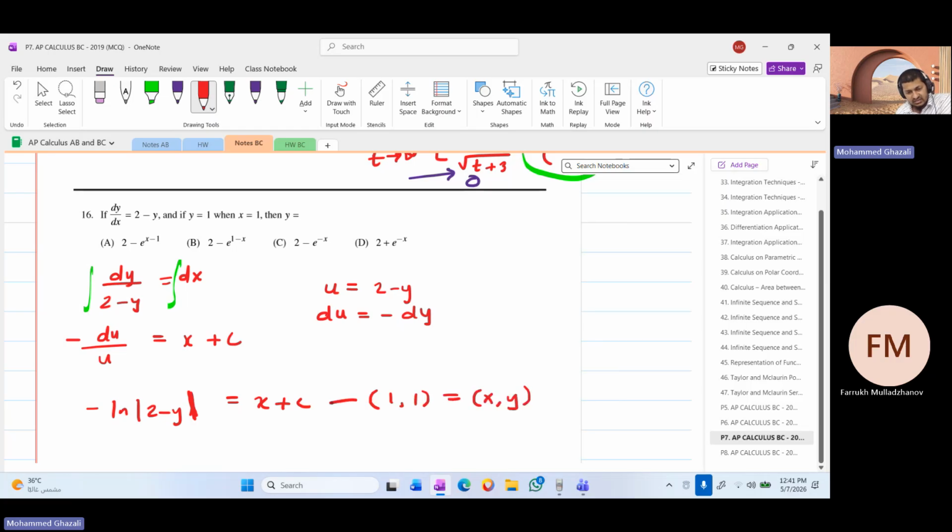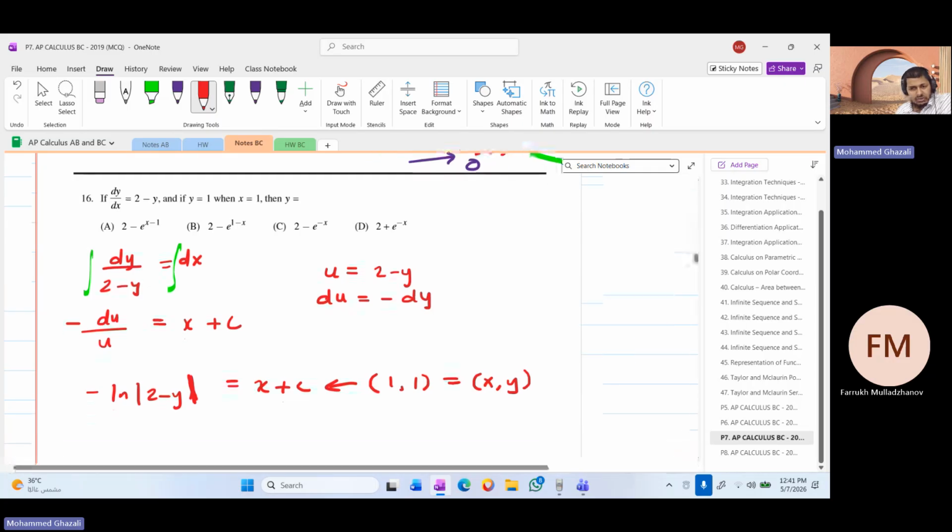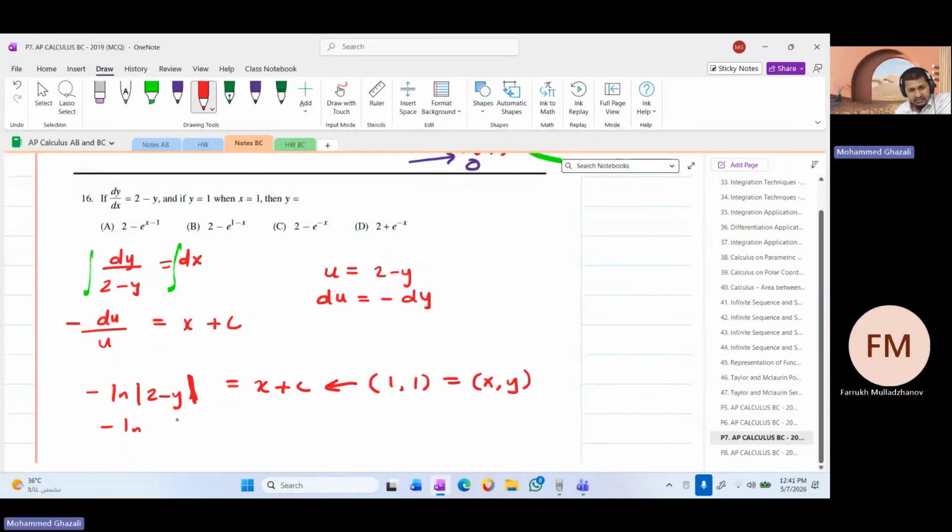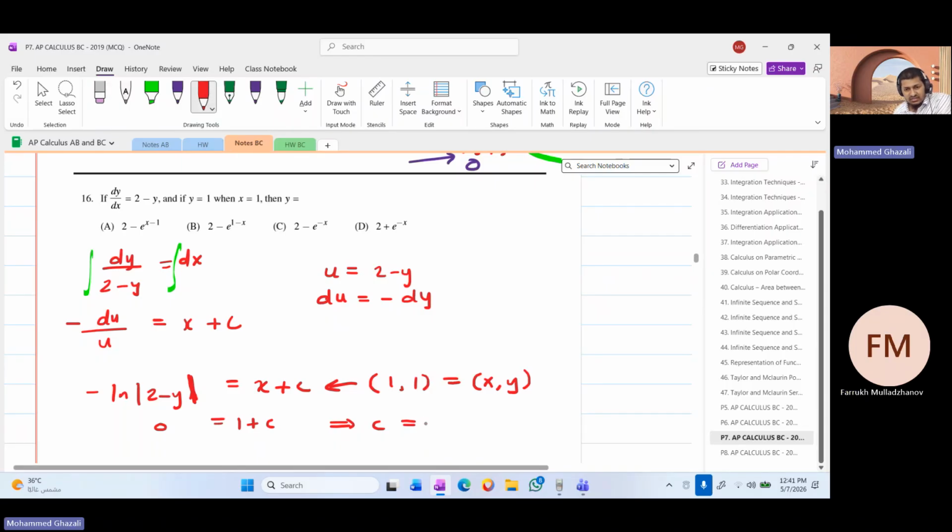We're going to substitute them into this differential equation and solve. So we get negative ln of 2 minus 1, so this is just 0. So 0 is equal to 1 plus c. This implies the value of c is negative 1.